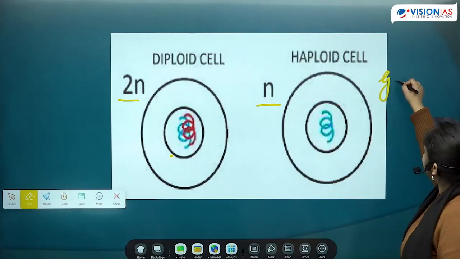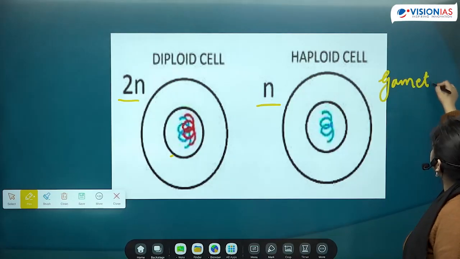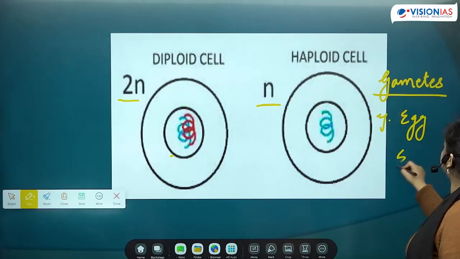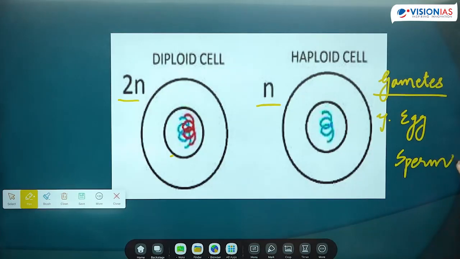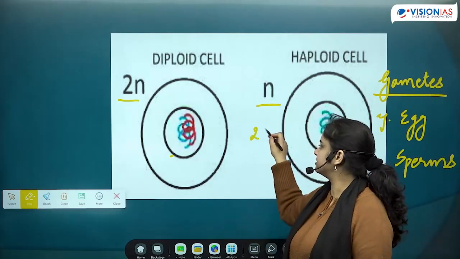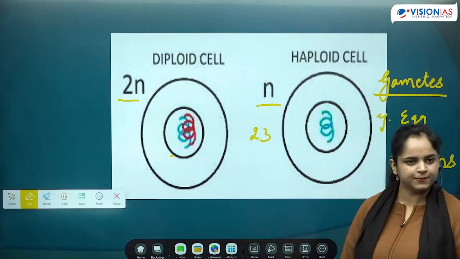And this would be seen only in the gametes, like your eggs and sperms. So the gametes are haploid. They have n number of chromosomes. अगर human beings की बात करें तो n is 23.